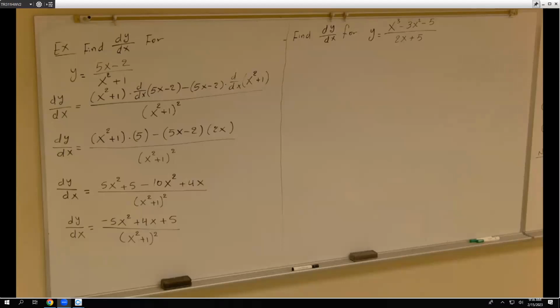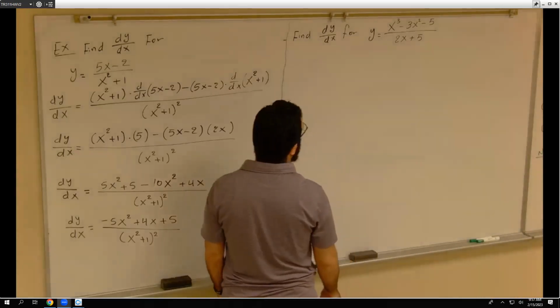Find dy over dx for y equals x cubed minus 3x squared minus 5 over 2x plus 5. We're going to use the quotient rule.